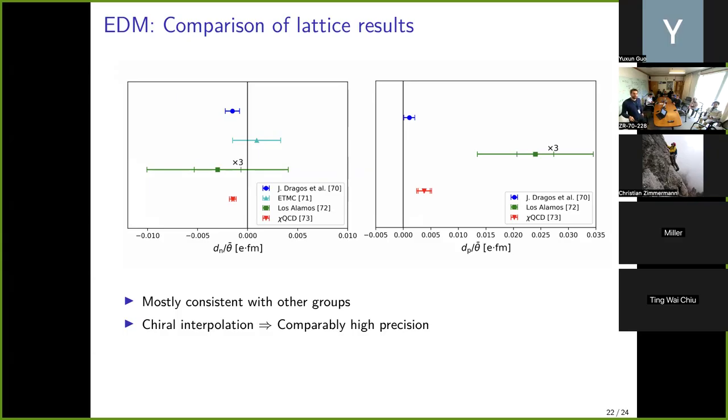And as Keh-Fei was mentioning before, if you carry out these calculations, for instance, with Clover fermions like the Los Alamos groups do, they have to extrapolate. You have the data, you have the region where you're interested in, and you have no constraint behind it. That basically leads to an increase of the error bar, not a decrease, like in our case, where the chiral limit is fixed.